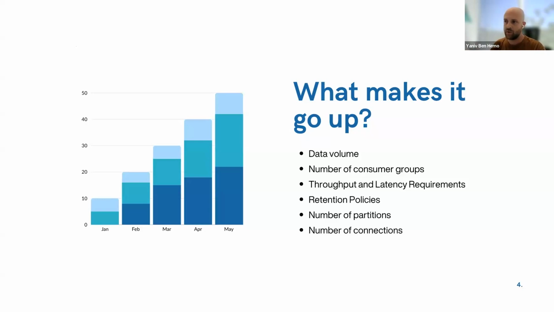Throughput and latency requirements: as we strive for lower latency and higher throughput, that makes us increase the number of brokers and definitely change their types into much more robust brokers, with more CPUs and more memory to boost performance. Usually that would be the case. Retention policy, again, one of the biggest factors for increasing our static storage.